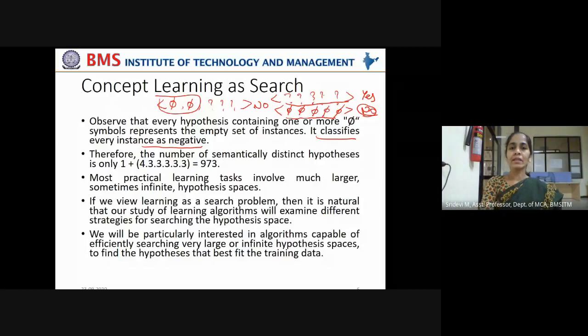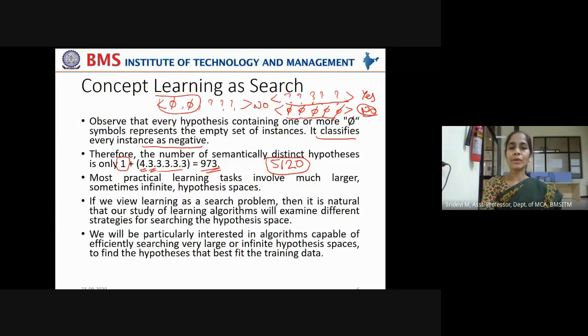Now, in that case, the number of semantically distinct hypotheses is, remove that particular hypothesis which is having pi, and all the combinations of other attributes with that pi also have to be removed. So this becomes 4 instead of 5, this becomes 3 instead of 4, and so on. So the value will be a total of 973 distinct hypotheses. 973 distinct combinations after removing the pi. If pi is not present, if you have all valid combinations, the total distinct hypotheses you get is 5120.